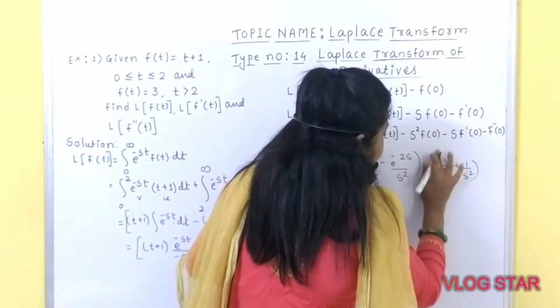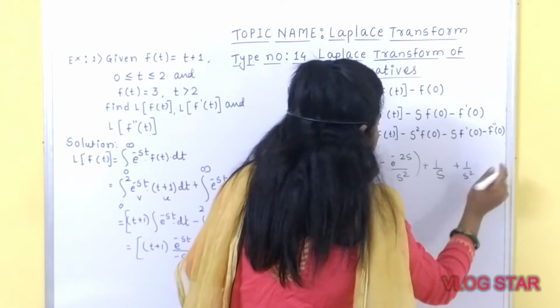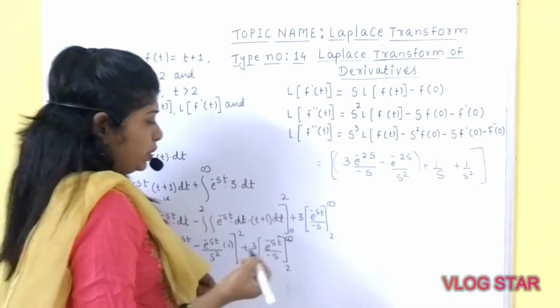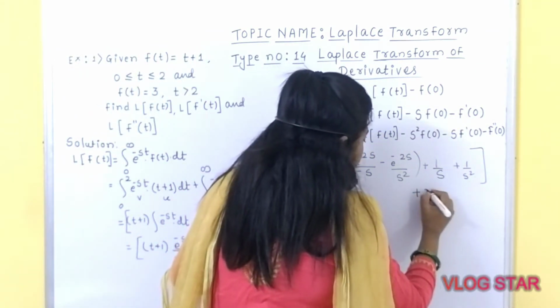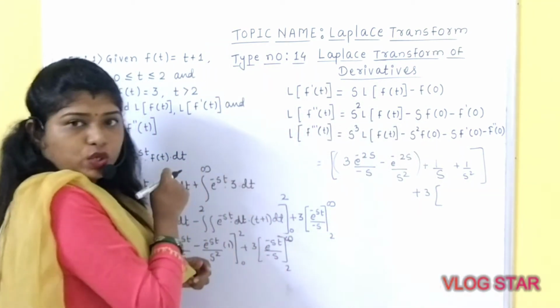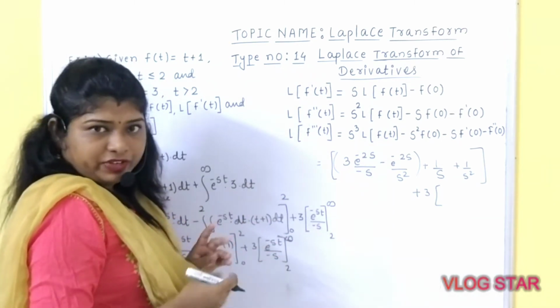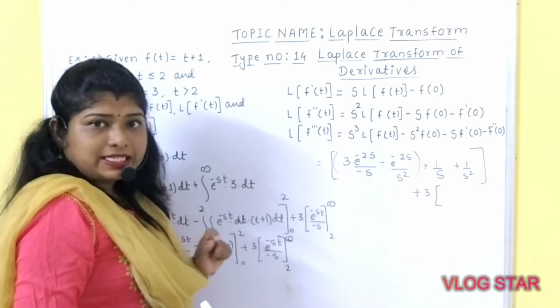Here you will get plus 1 upon s plus 1 upon s square. What is remaining? Plus 3 into upper limit minus lower limit. If you substitute e raised to minus infinity, this term will get cancelled.